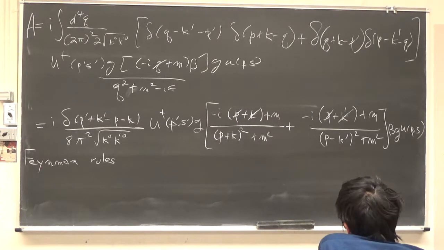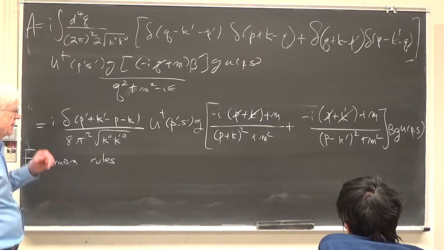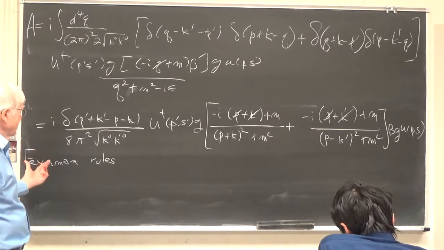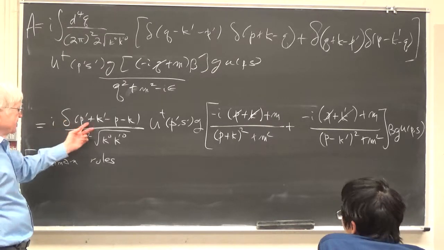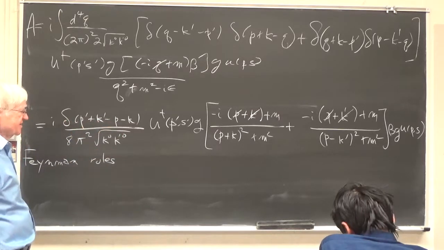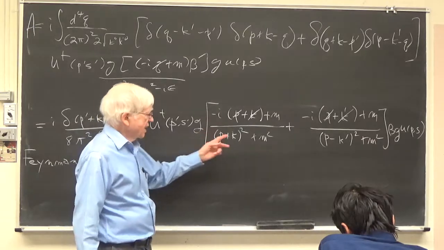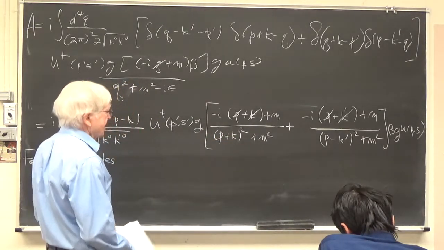After all, photons are spin 1, and so this is important. But basically, these Feynman rules are that you, of course, have an energy momentum delta function. These are the propagators for the two diagrams.